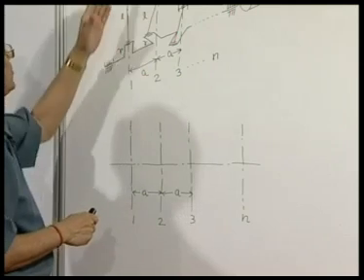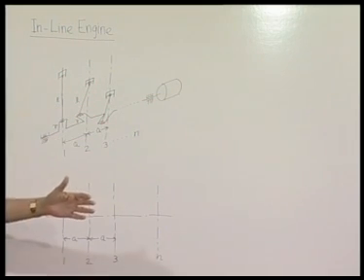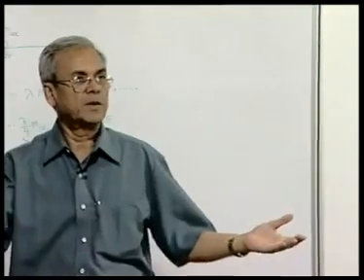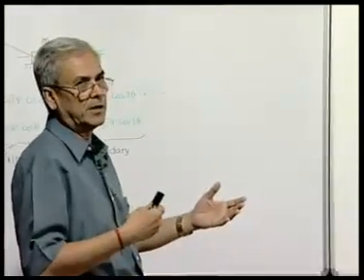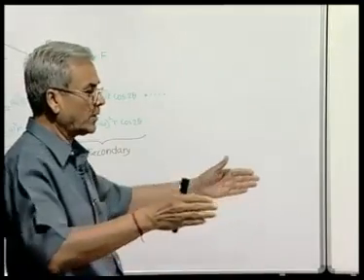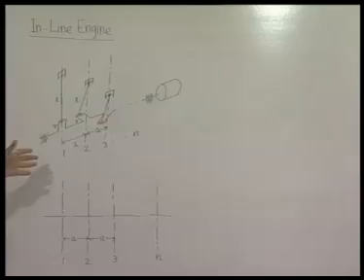Therefore, we also have to keep in mind that each firing of the individual cylinders is uniformly distributed over time. That means the whole cycle of the engine, when it completes, during that one complete cycle, will depend on the number of strokes or the particular cycle the engine is following.